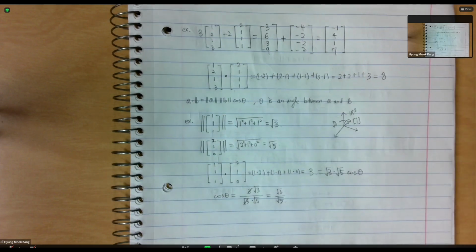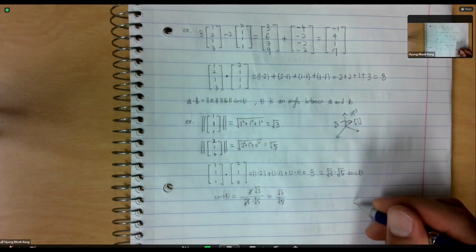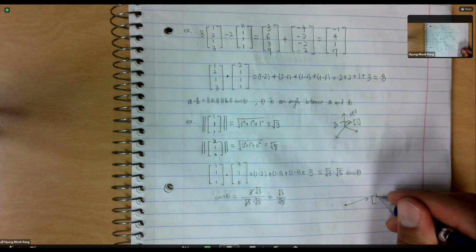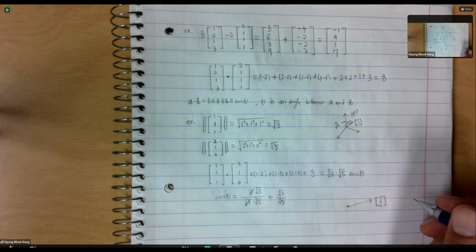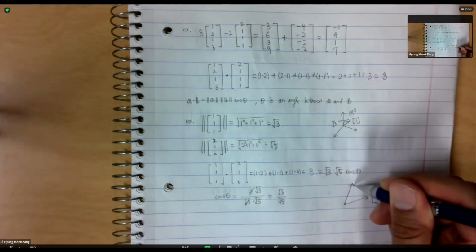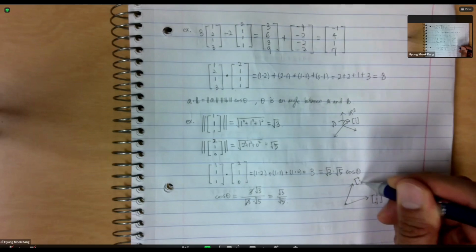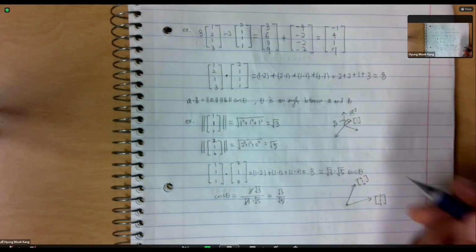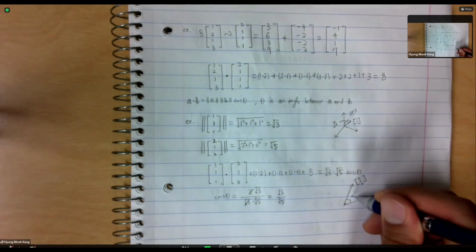So let's say we have a vector, loosely, let's put vector 1, 1, 1 here. Let's go with a vector 2, 1, 0 here. I'm just loosely drawing it without coordinates. And here's our angle.